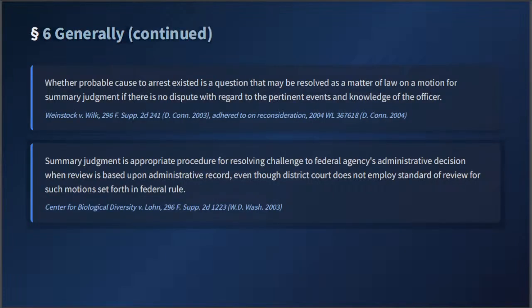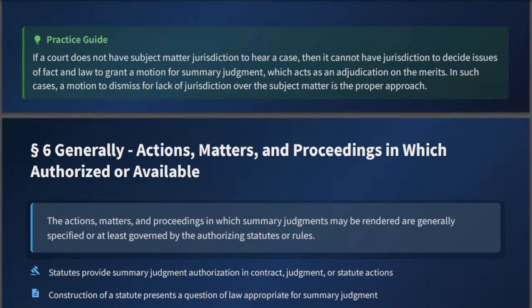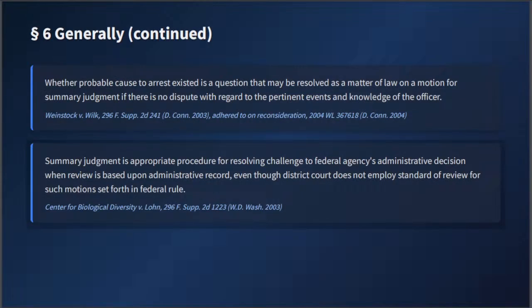All right, let's go on to some of the cases here from the section on, what's the title here again? Actions, matters, and proceedings in which authorized or available. That's the heading from American Jurisprudence verbatim. Whether probable cause to arrest existed is a question that may be resolved as a matter of law on a motion for summary judgment, if there is no dispute with regard to the pertinent events and knowledge of the officer.